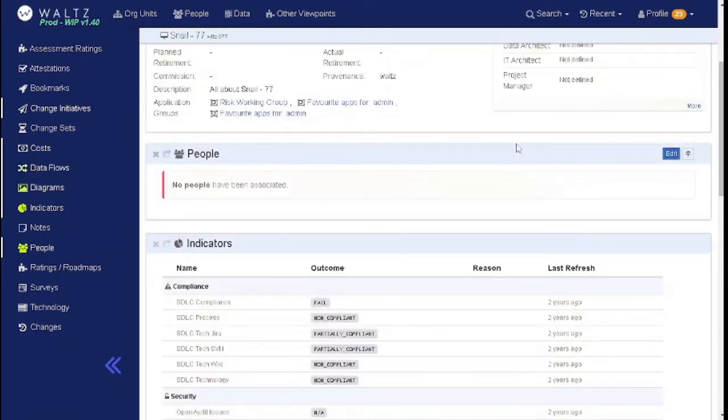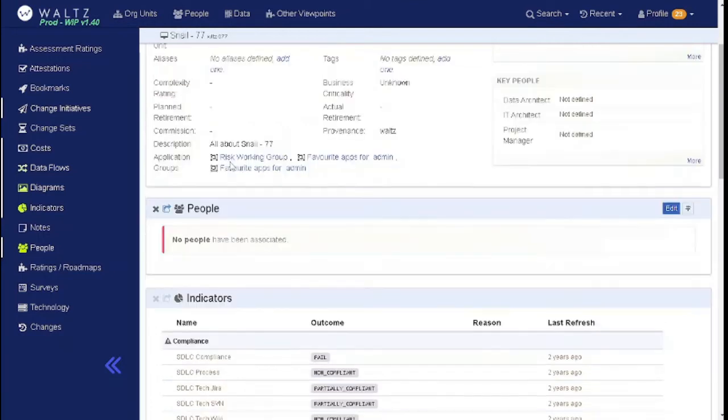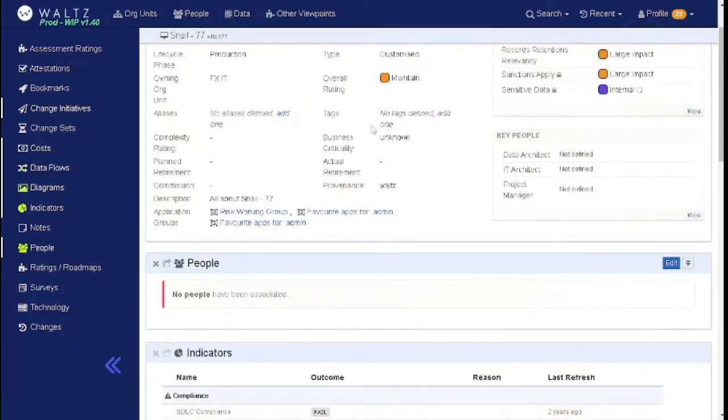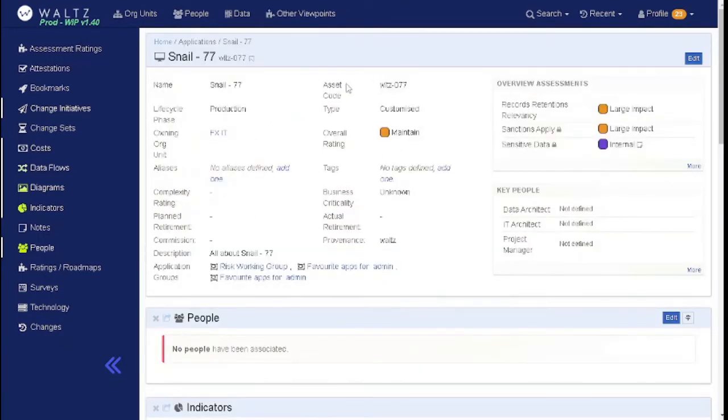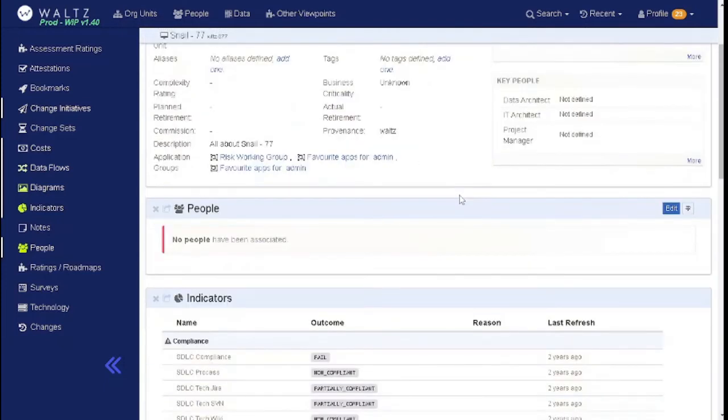People, again, this is very much around which people are defined as using this application. So this is typically people such as developers, business analysts, project and program managers. Obviously, your organisation may have different roles that are pertinent to the organisation, maybe around application ownership. And this is where you will find these people.